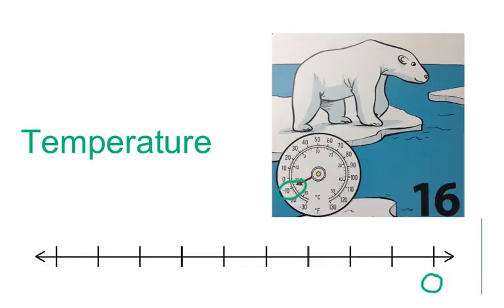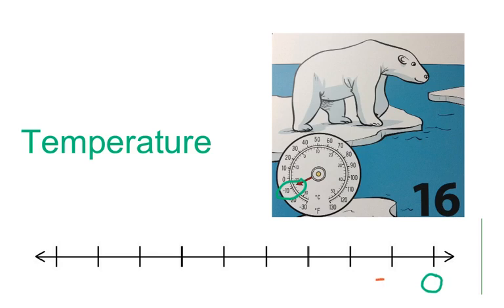Let me show you what negative numbers look like. Look at 0 on our number line. If we went backwards, there are actually numbers less than 0. We put a minus sign in front of those numbers to understand that it's negative.